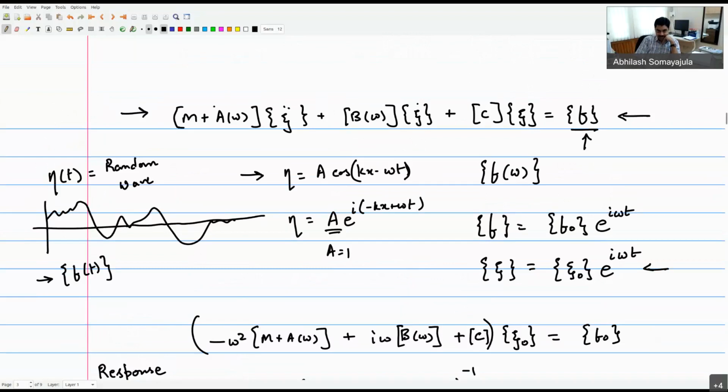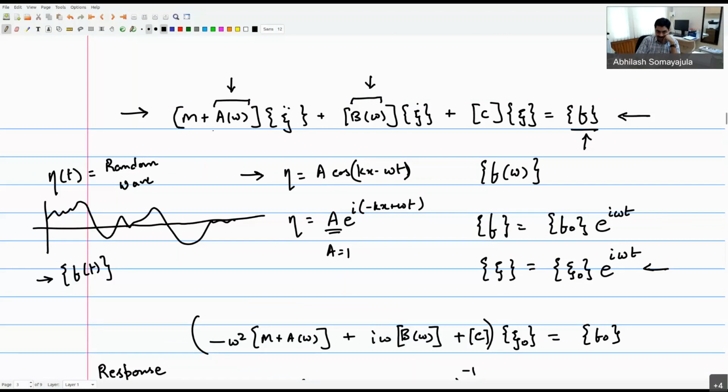because what added mass frequency should I choose? What radiation damping frequency should I choose? There's no clarity on that, isn't it? Right? So in order to actually be able to convert this and be able to solve it in time domain, we need to do a conversion.